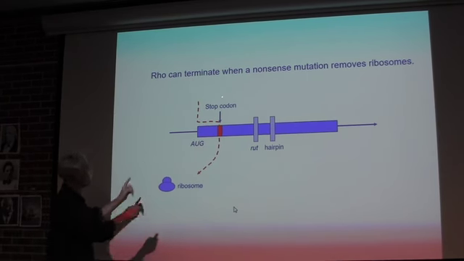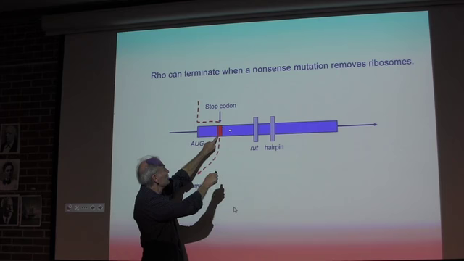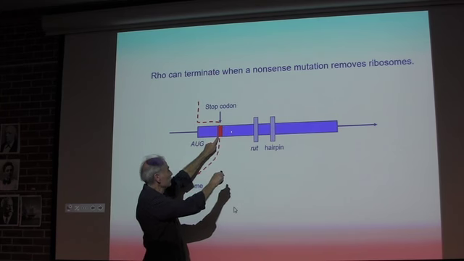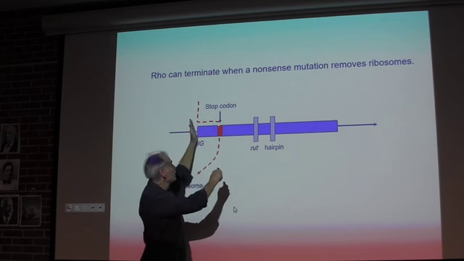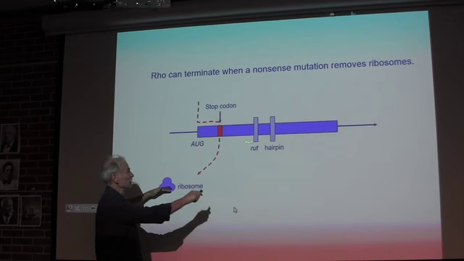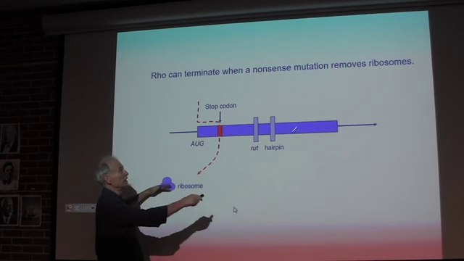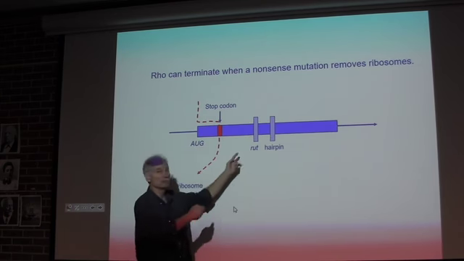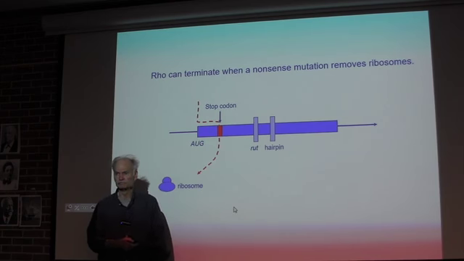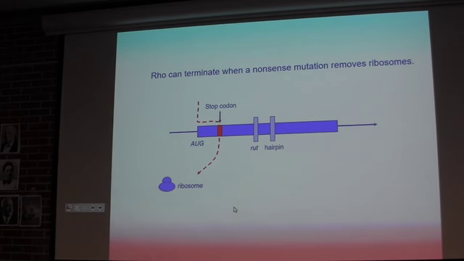It's only when the stop codon is put upstream of the rut that it can cause a detour of the ribosome, leaving this permanently exposed to binding by Rho. So it's not a hard concept, but I try to make it that way.